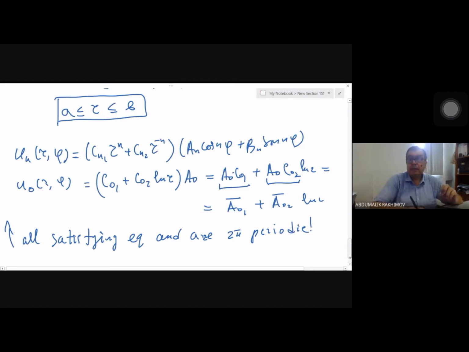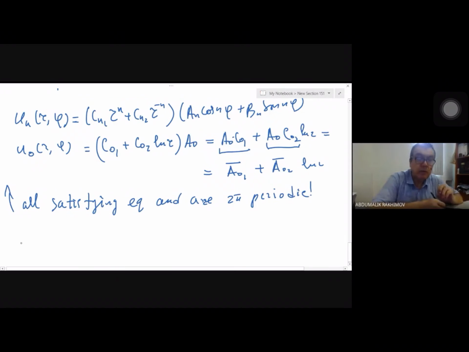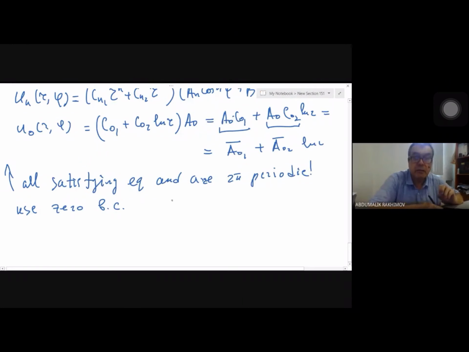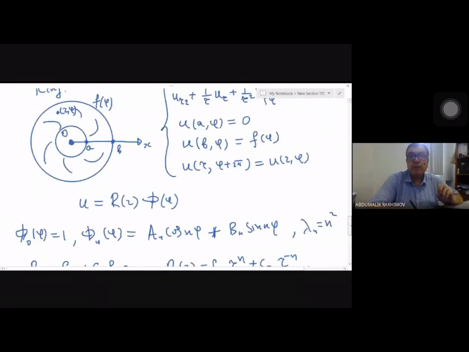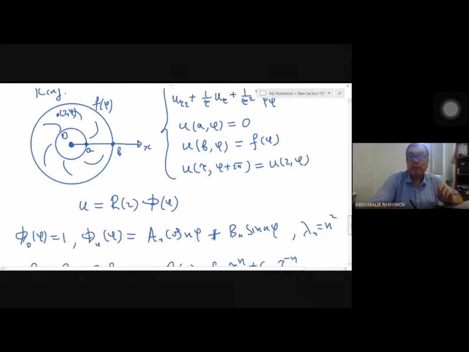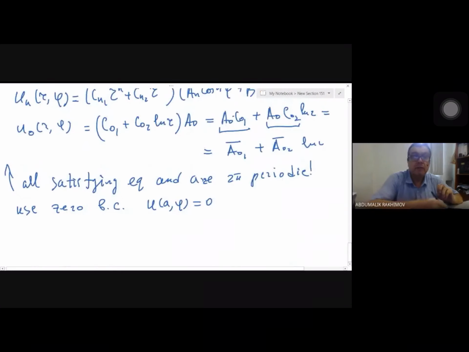Okay, now let me use the zero boundary condition first. What was the zero boundary condition? It was U of A, phi equal 0. Remember? If you use this, what will happen?